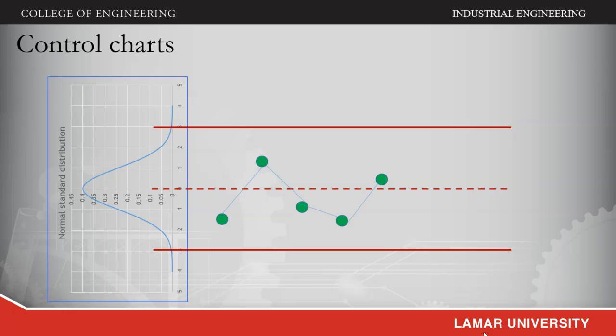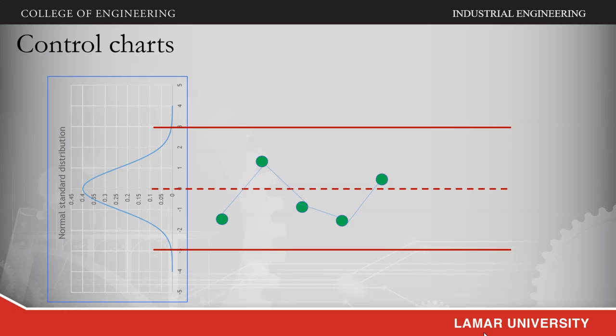That means that the probability of going beyond 3 sigma is less than 0.14%. And together both tails, or the probability of falling on either side beyond the limits, is 0.27%.